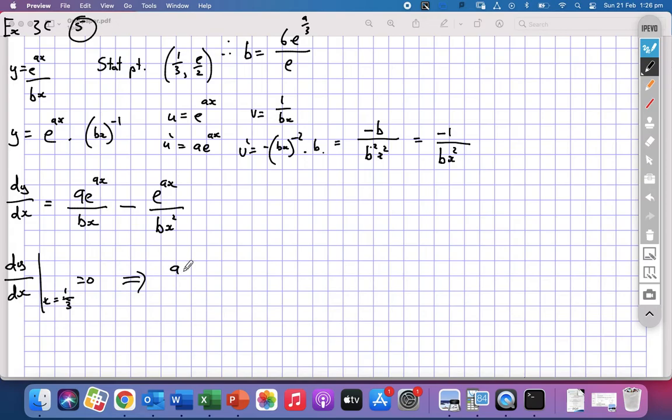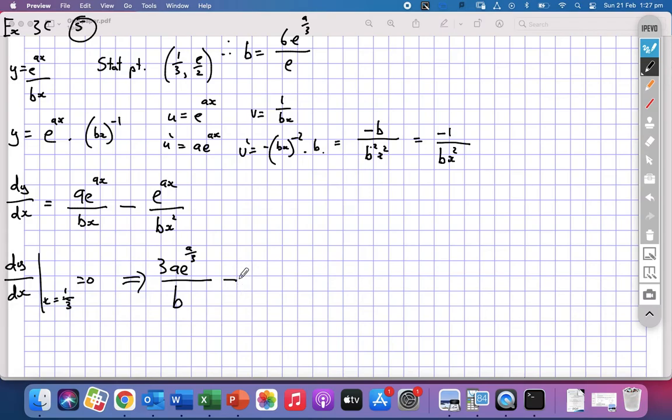I'll be having a e to the a on 3, so that x is a third. You've got to be careful not to miss any. That x is a third, so I've got b times a third. If we're dividing by a third, it's the same as timesing by 3. You can do this yourself to check.